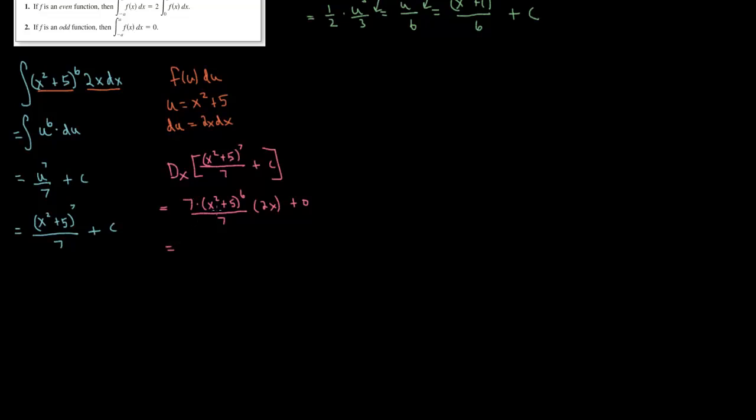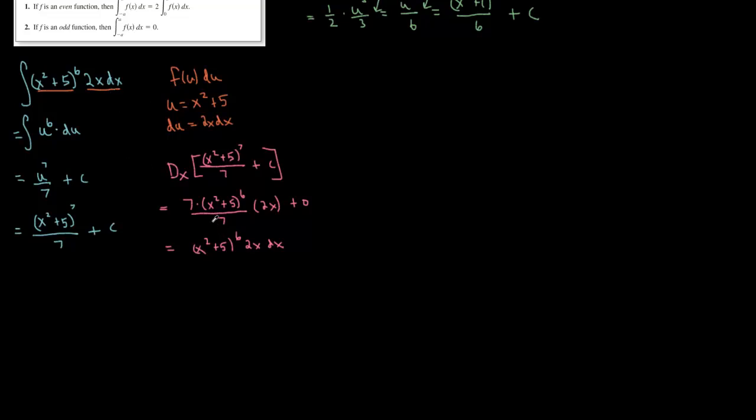Now notice we have a 7 and a 7, so those divide out, and we have x squared plus 5 to the 6th power times 2x, and then that is our original integrand, x squared plus 5 to the 6th power times 2x. If we were talking about a differential, we would have a dx there, which ends up being our variable of integration.